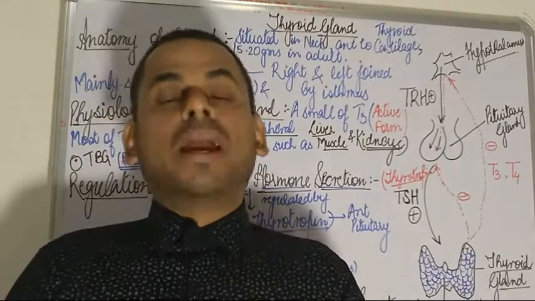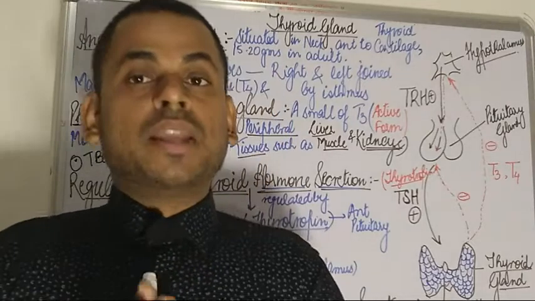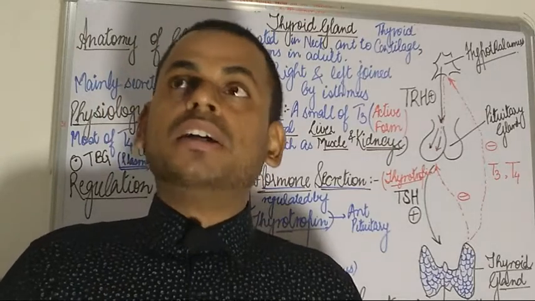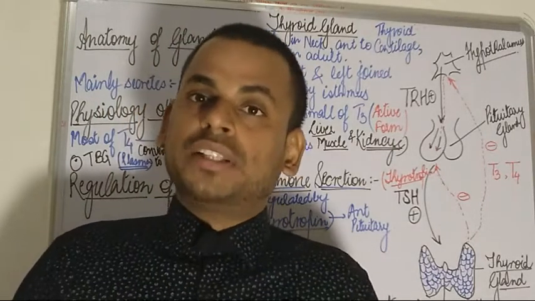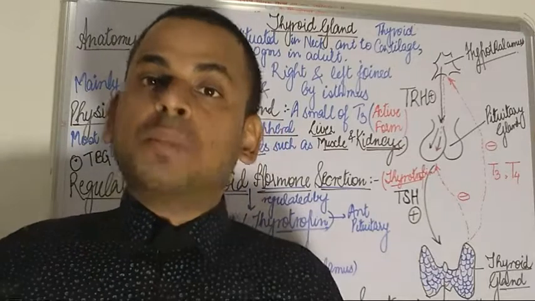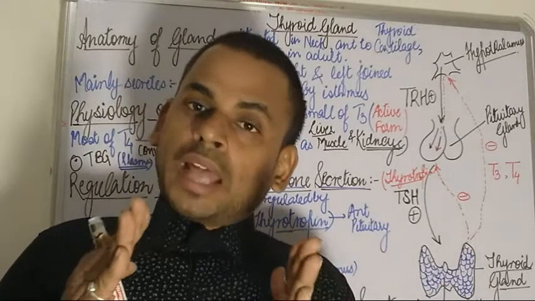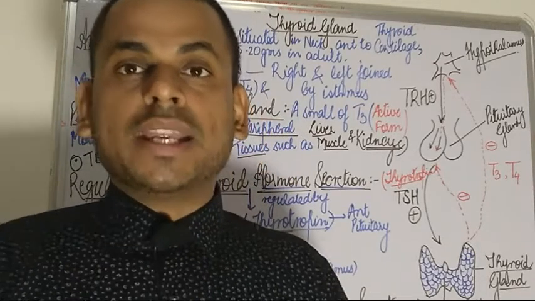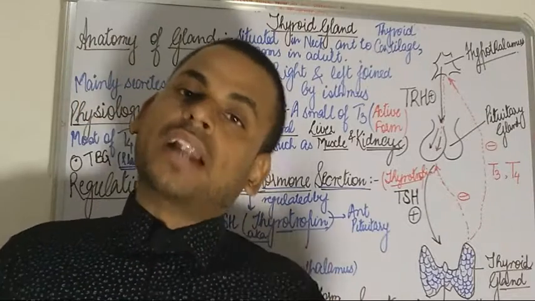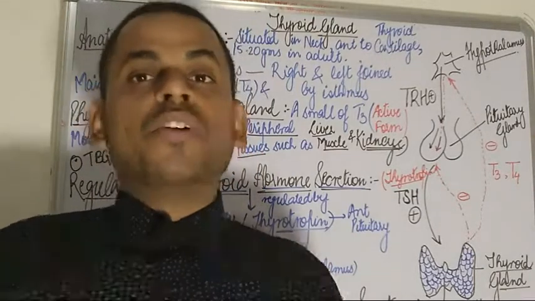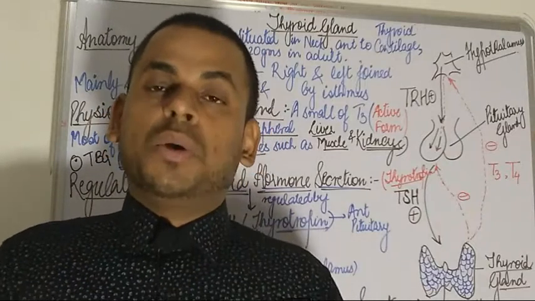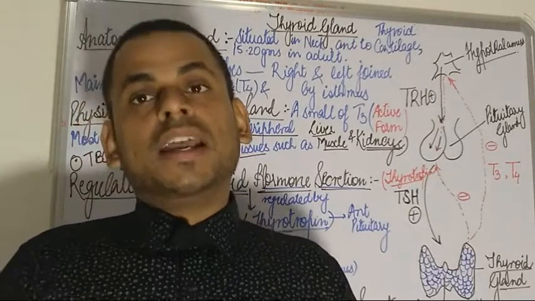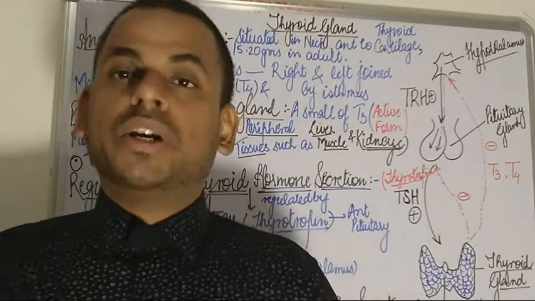Whatever the quantity of thyroxine circulating in the human blood plasma, the thyroid hormone only becomes active when it is converted into the active form, which is only T3. For the thyroid gland to elicit its metabolic actions, T4 must be converted to T3.